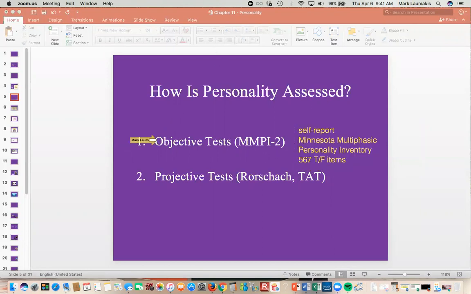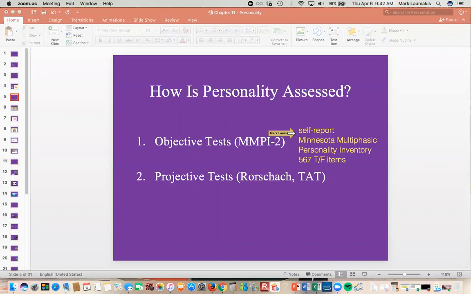It's an objective approach because it's asking you to tell me about yourself, okay? So it's a series of statements like, I enjoy meeting new people, true or false, okay? Sometimes I prefer to be alone, true or false. Libraries are some of my favorite places to go, true or false, okay? Other people annoy me sometimes, true or false, okay?